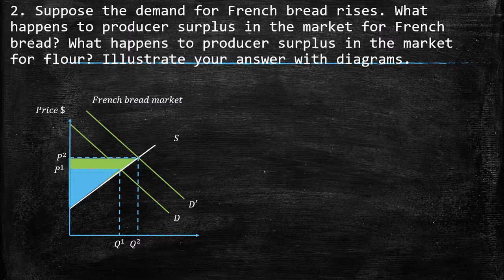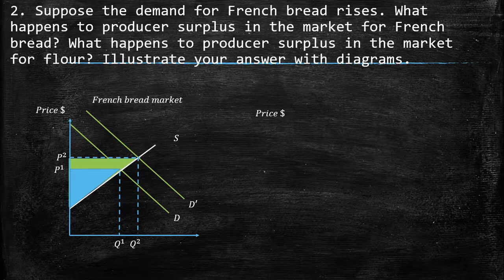As you see, the triangle which determines the producer surplus increases, because the demand increases.